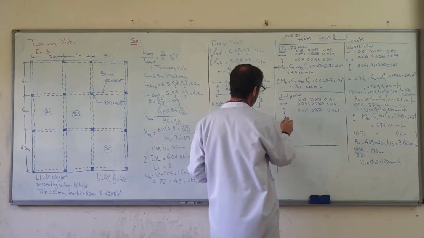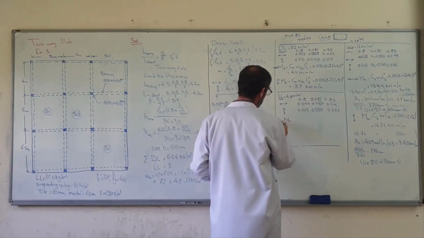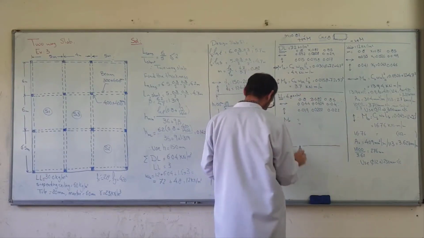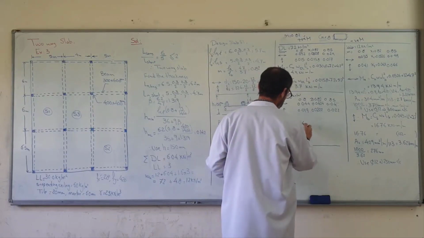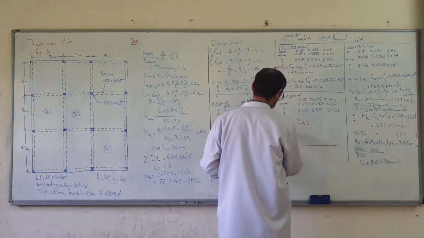Use the same idea here. I finally found MA, 4.5, and MB.